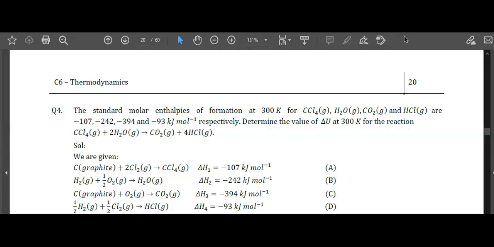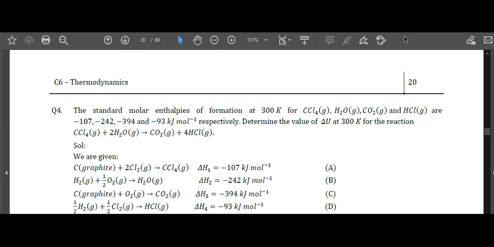Try solving question number 4. See, in the exam, you have to write these reactions. By understanding the energy given, you have to write these reactions by yourself. Because it is given the standard molar enthalpy of formation, you should know what the formation reaction is.